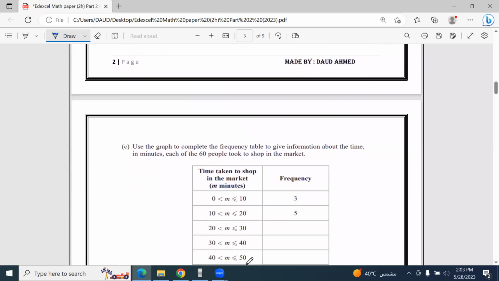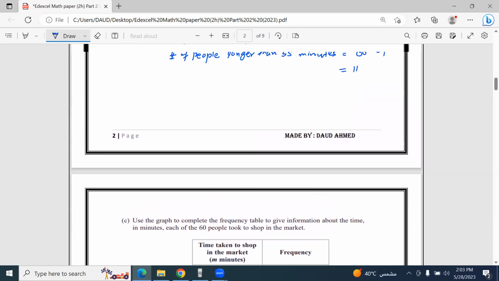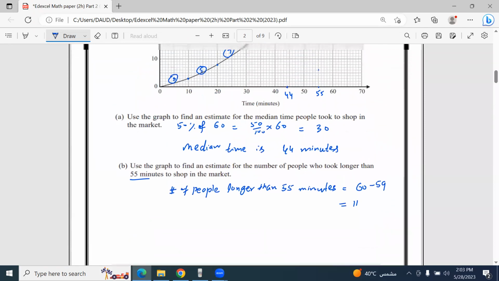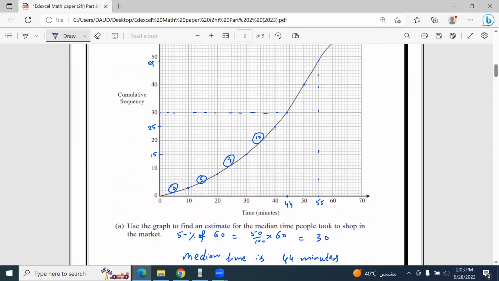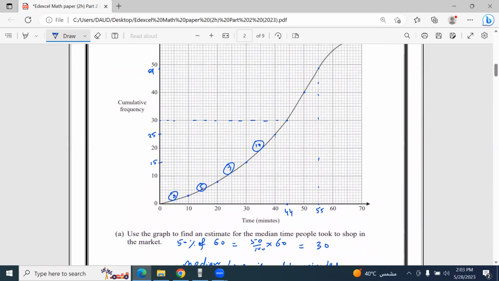Thirty to 40, 10 we mentioned, and then 40 to 50. So if you check at 40, it is 25, and at 50, it is 40. So it gives me 15.